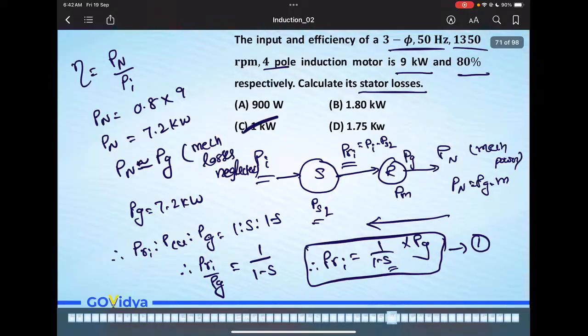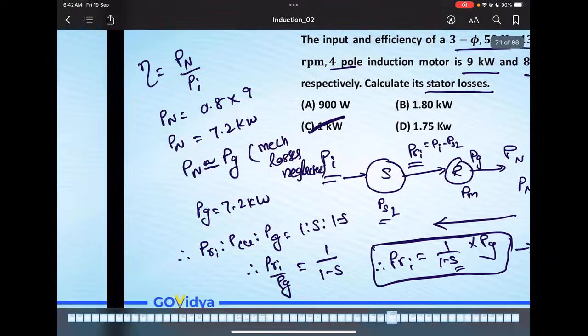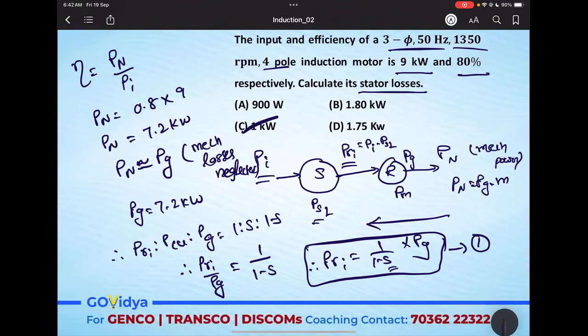The calculation may be lengthy, but the question is very simple. You just need to understand the power flow, how the power flow is happening from electrical power to mechanical power. If you have a clear idea about that, then you can solve the question very easily. In between you used one relation. This relation is very important.